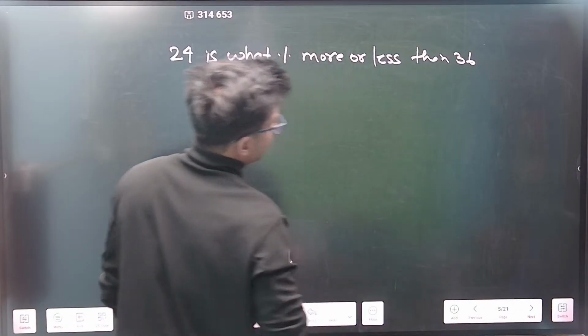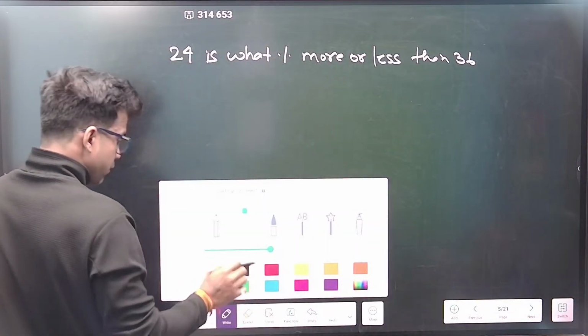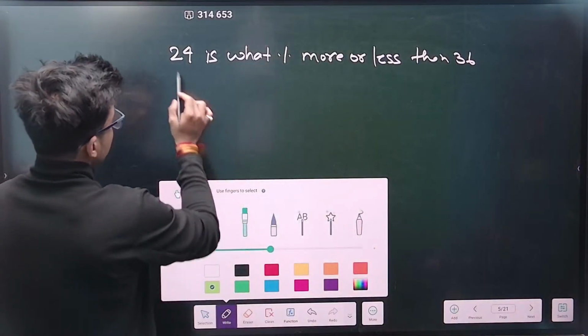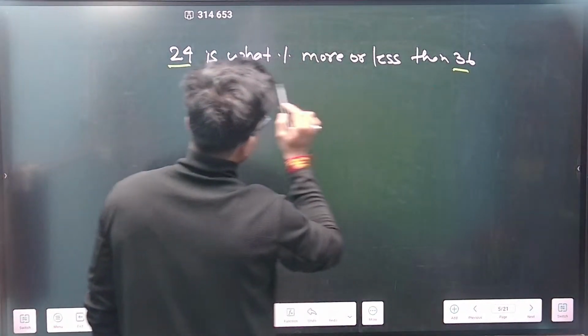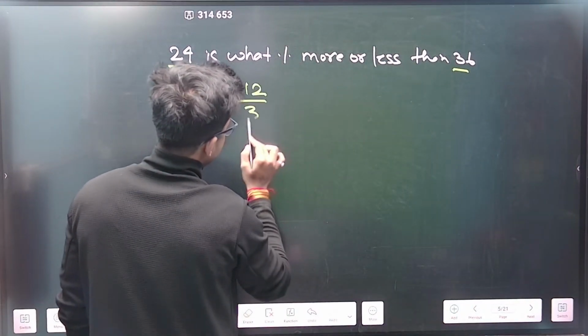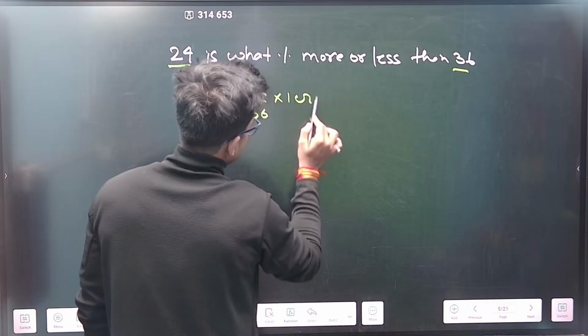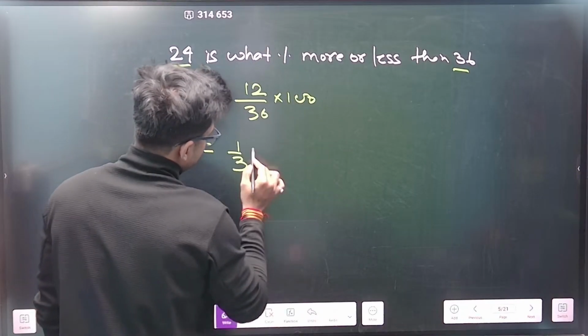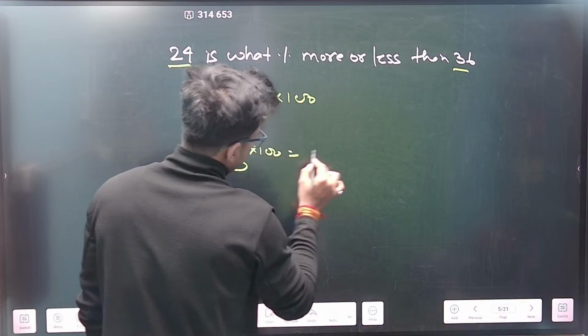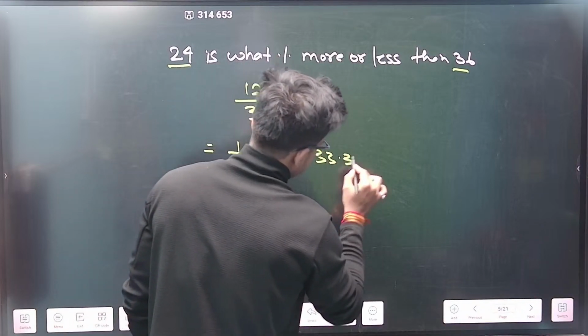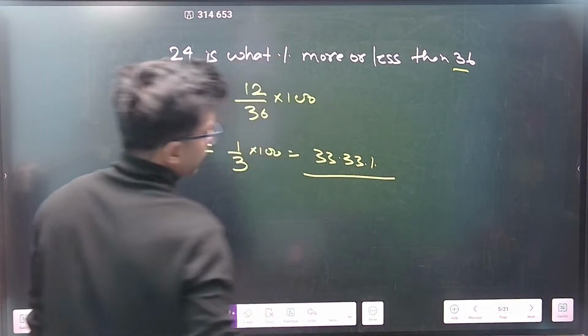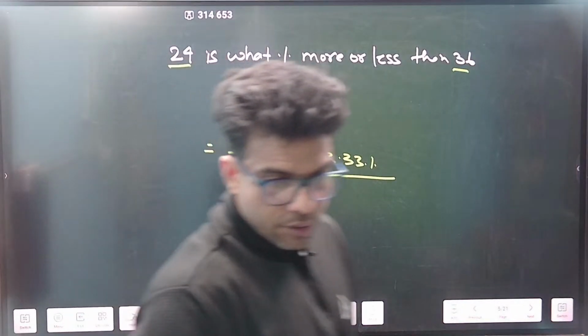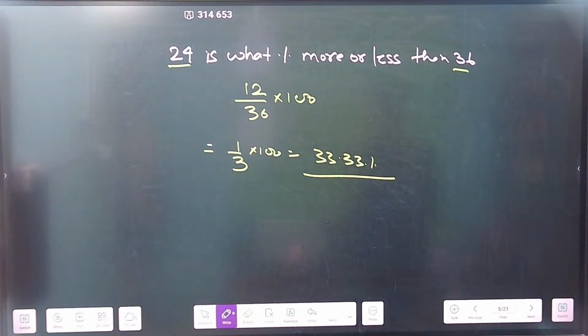Then the question would slightly change, and your answers will slightly change. 24 and 36, the difference is 12 upon 36 into 100. Again this would be changed. 12 3s are 36, so 1 by 3 into 100, and 1 by 3 is 33.33%. I hope you got this one. But not only this chapter is important, we'll discuss everything.